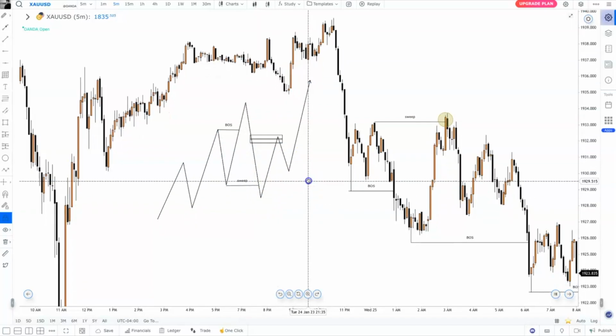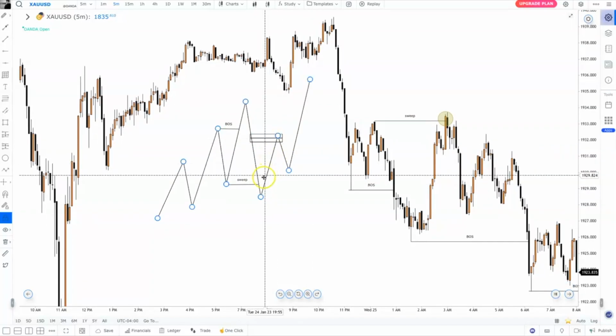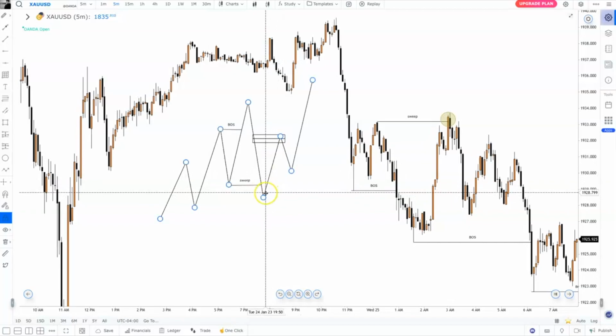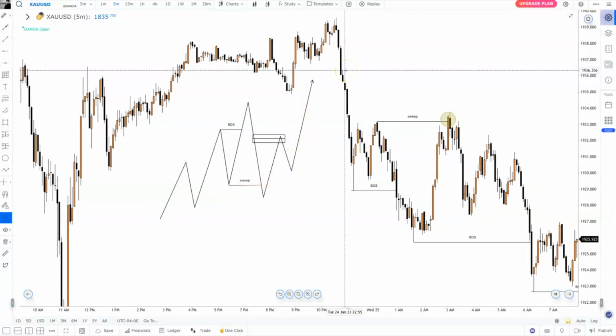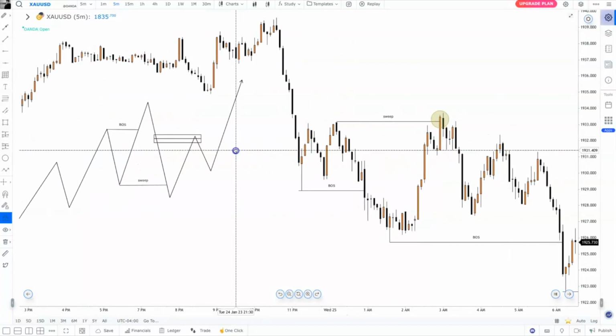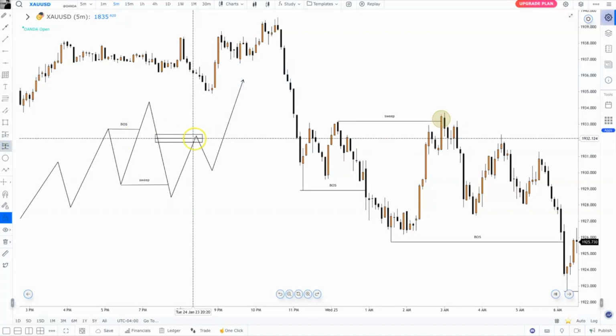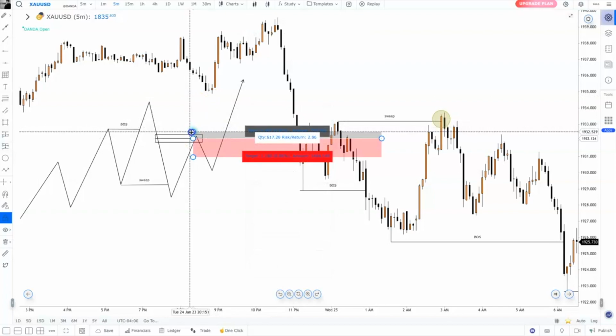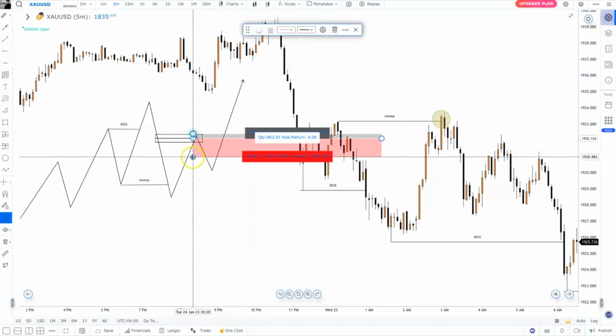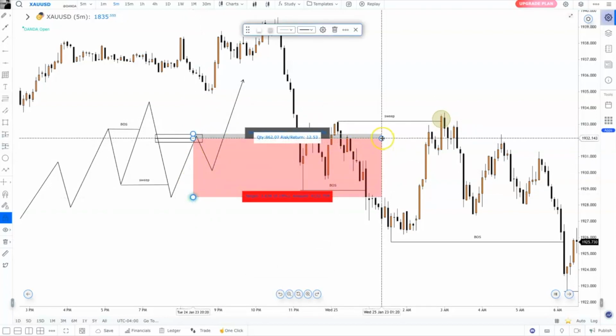Don't get me wrong, not every single time is it going to be a sweep, for you to be scared, like, oh my god, now every time I see a change of character I'm not going to make my positions. No, you shouldn't be trading scared. If you're scared, overall you shouldn't be trading. This is something that you have to manage. You have to know how to manage your emotions.